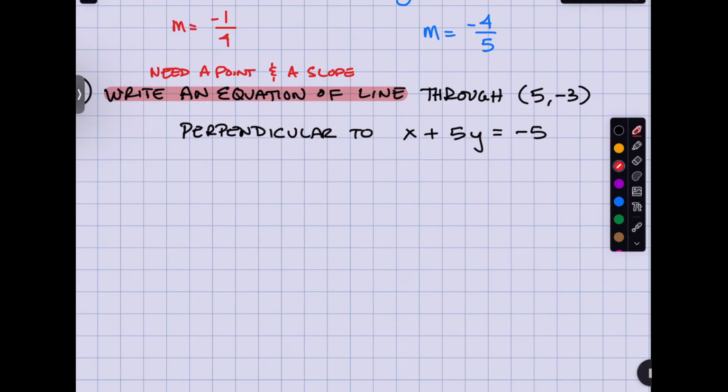No. Because my line is going to be perpendicular to this line. It's not the same line. It's just perpendicular to it. So what am I missing? I'm missing the slope. What information is going to give me a slope? This line is going to give me a slope, isn't it?